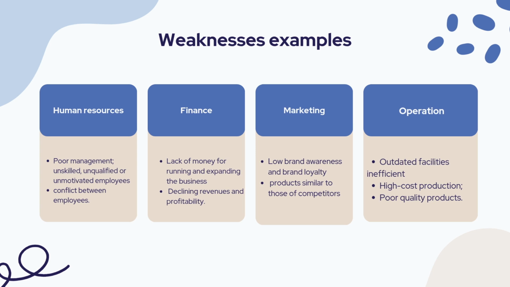In human resources, there are poor management, unskilled and unqualified employees, and they might have conflict between employees, which is very bad in the business. And the weaknesses in finance are the lack of money, which makes it hard for them to run a business, and declining revenues and profitability.